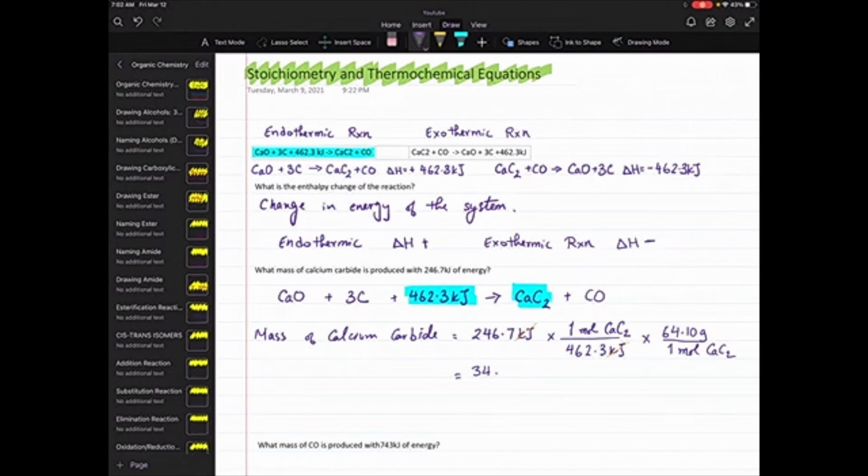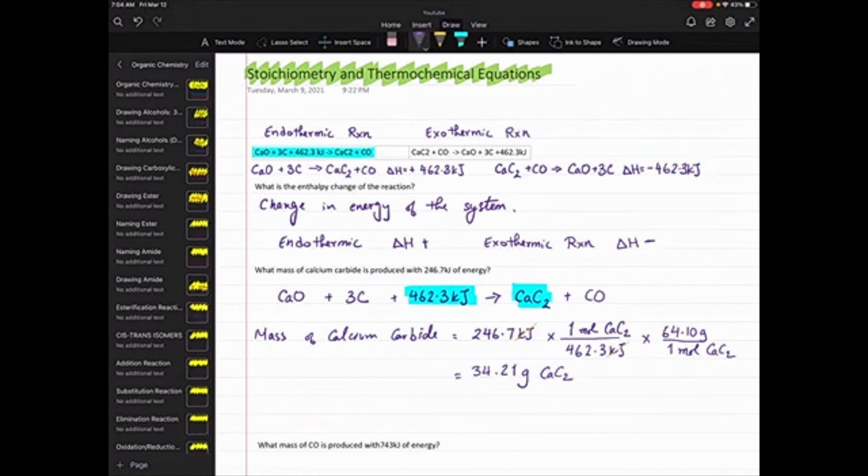But looking at significant figures, our question had 4, so our answer should have only 4 significant figures. So it would be 34.21 grams of CaC2. So the amount of calcium carbide that is going to be produced in this reaction is going to be 34.21 grams.